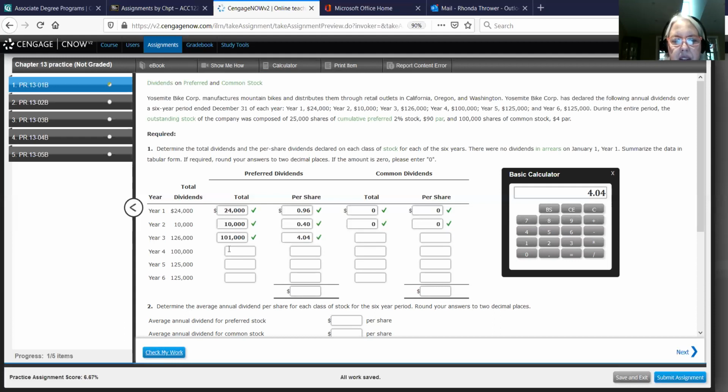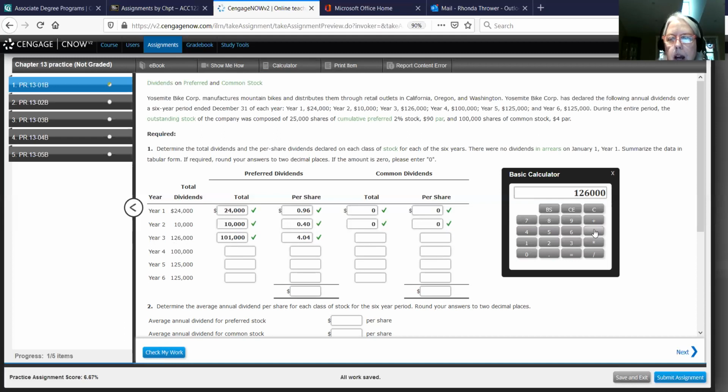Now notice this time, the amount that we paid to our preferred stockholders was less than the amount that we declared. In other words, we had some dividends left over that we can now give to our common stockholders. So we're going to take 126,000, that was our dividends declared.